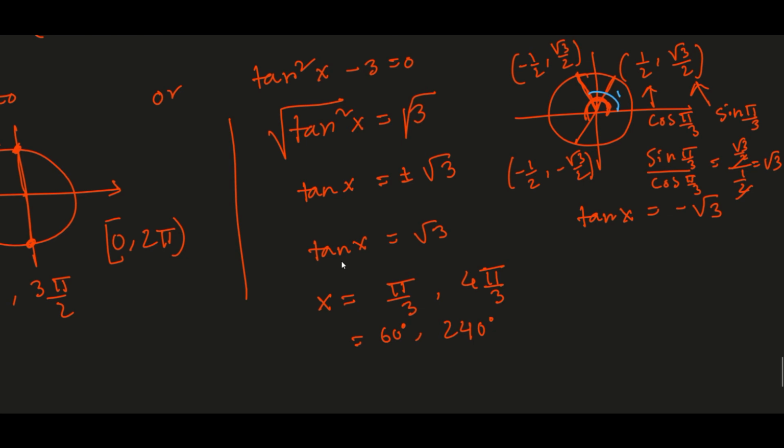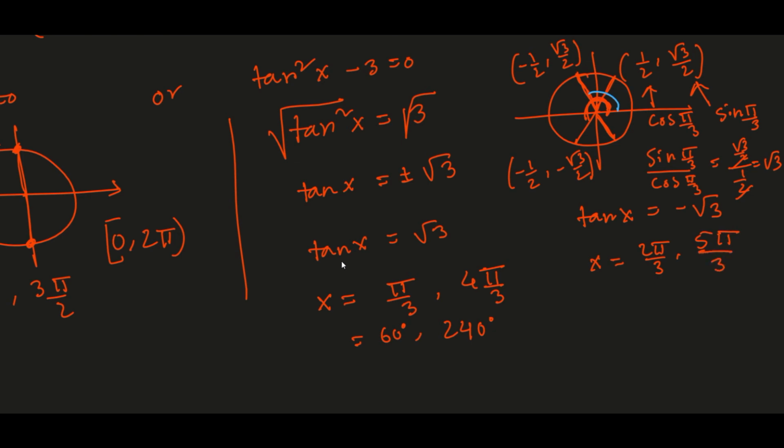Let me write somewhere else. So x equals 2 pi over 3, in the second quadrant where we get tangent negative, and the other angle will be in the fourth quadrant somewhere here, and the measure of that angle will be 5 pi over 3.